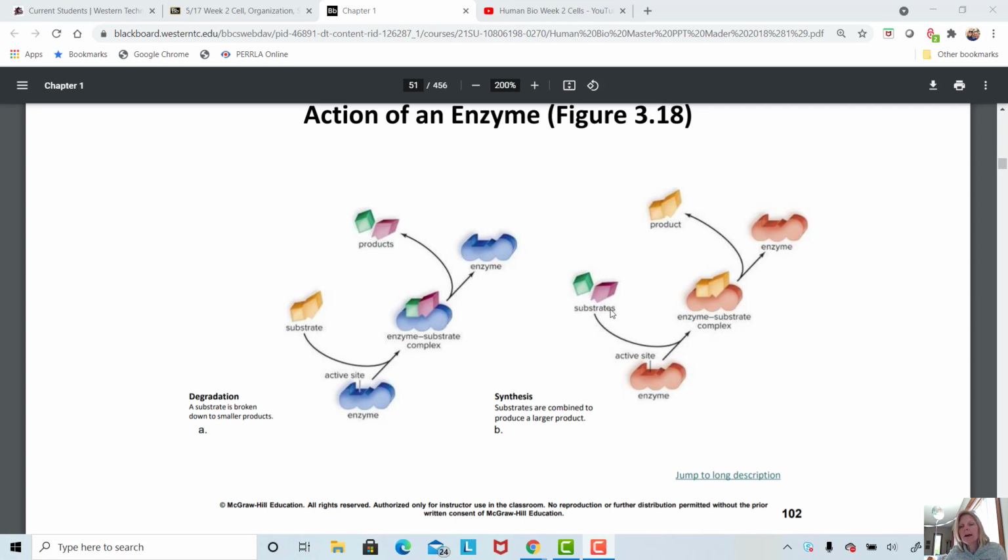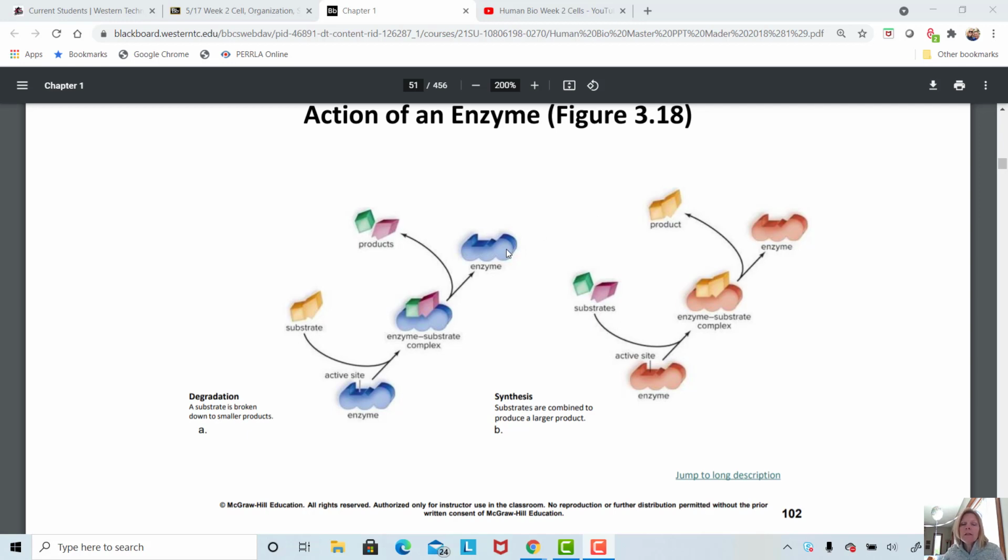For example, if I have two sugar molecules, two glucose units, it interacts with an enzyme and puts a bond between those glucose units, and over time I can build a larger and larger product with a bond between those sugar molecules, and that's what starch and glycogen are. They're just long chains of glucose units, and those glucose units were built with the help of enzymes to create that bond and build that starch and glycogen for storage of energy.